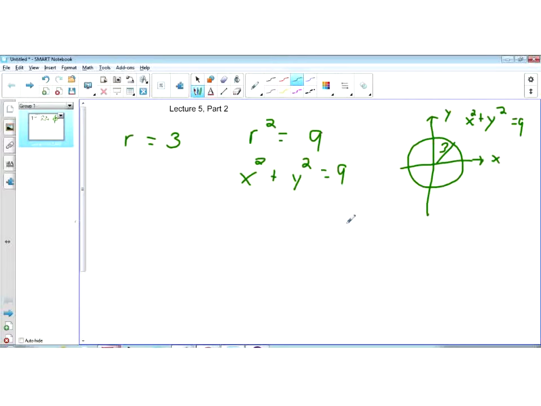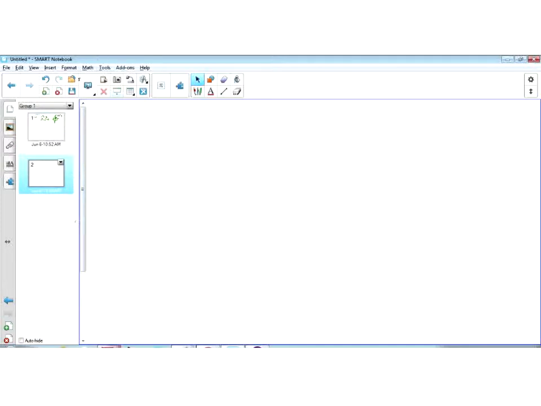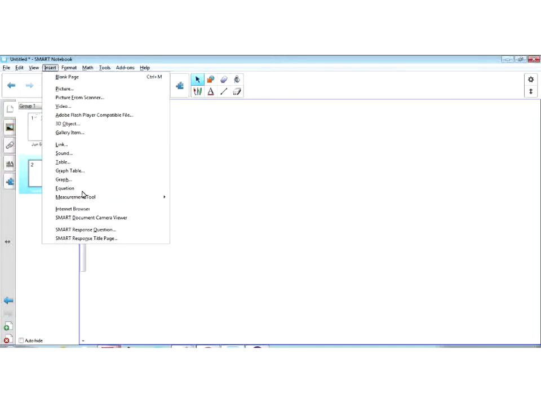So let me pull up our class calculator. Let me see if I can get it to work. It's a little bit tricky. I'll go to another slide and insert a web browser.